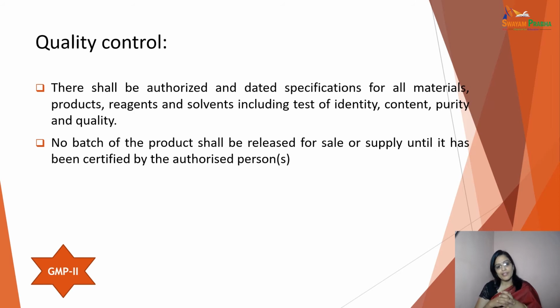Next important point is that there shall be authorized and dated specifications for all material, product, reagents and solvents, including tests for identity, content, purity and quality. No batch of the product shall be released for sale or supply until it has been certified by the authorized person that it is in accordance with the requirements of standards laid down.